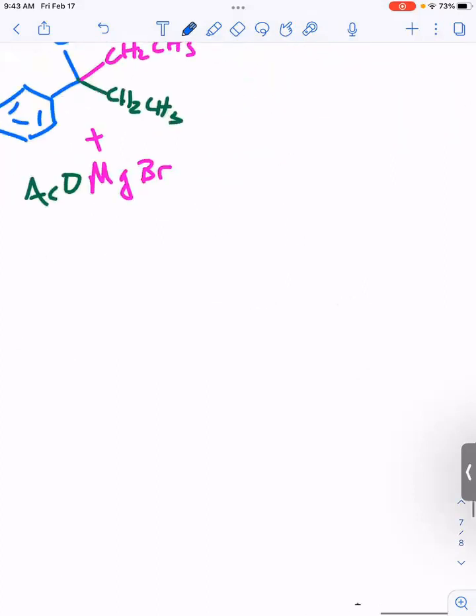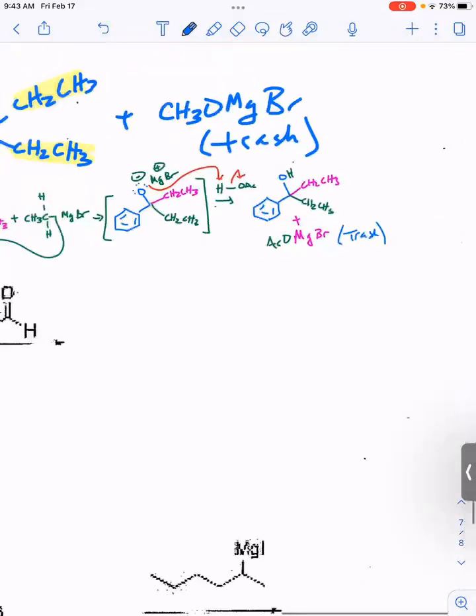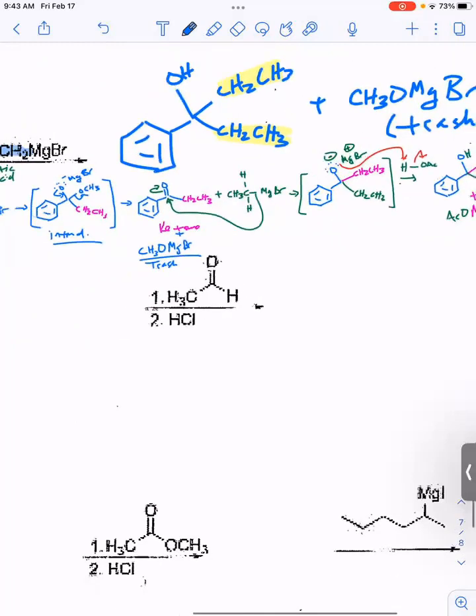We don't care. And this is also trash. Right. Any questions about that? The mechanism doesn't change. It's just the different intermediates that you encounter will be different for the ester and for the ketone or aldehyde.